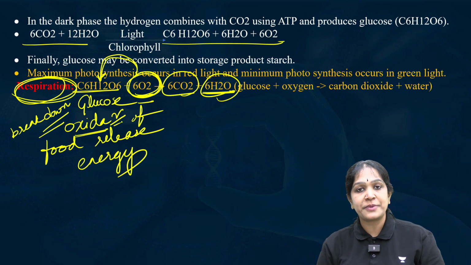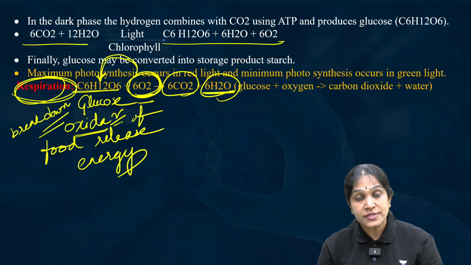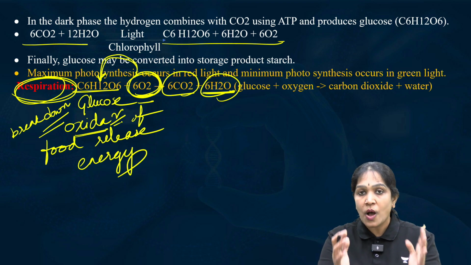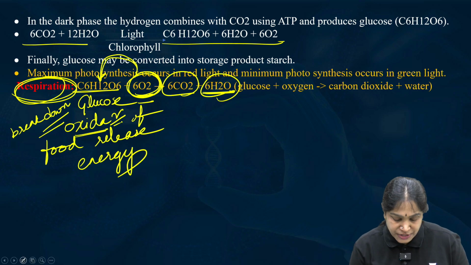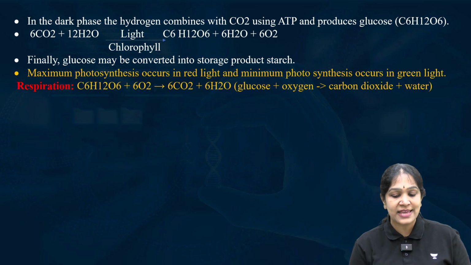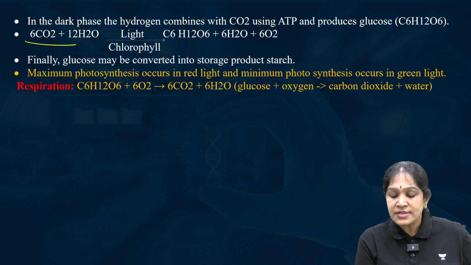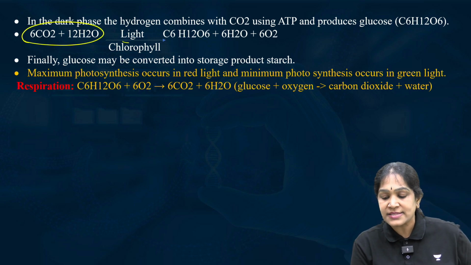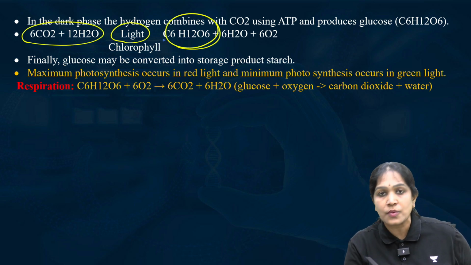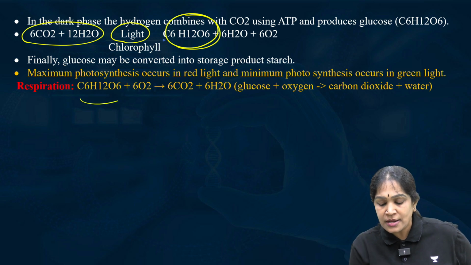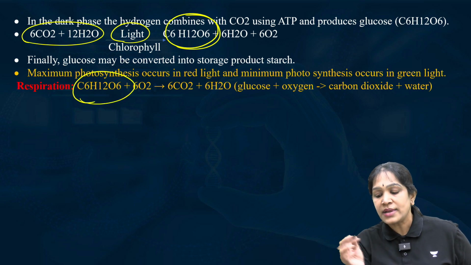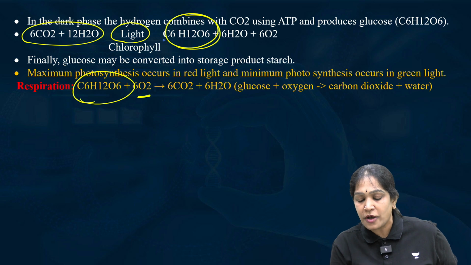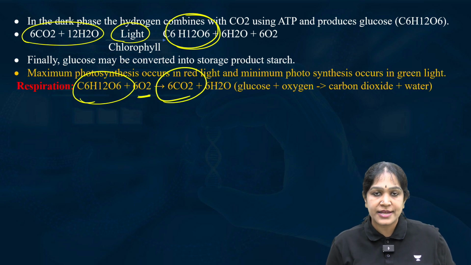This is respiration. Why did we discuss respiration? Because photosynthesis is exactly opposite to respiration. Let us examine this once again. Here, carbon dioxide combines with water in the presence of light to form glucose. In respiration, glucose is broken down in the presence of oxygen to form carbon dioxide.